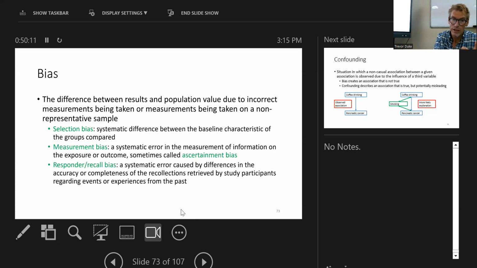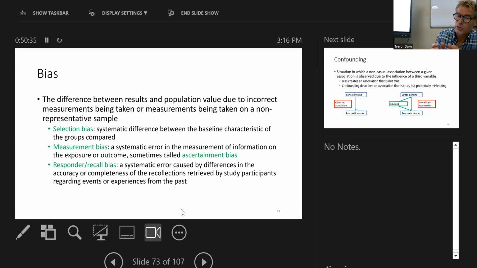Measurement bias is when, if you don't have your definition very tight, then it's possible that the person who's doing the measurement, if they know the exposure, might be more likely to ascertain the outcome even when it didn't exist, right?